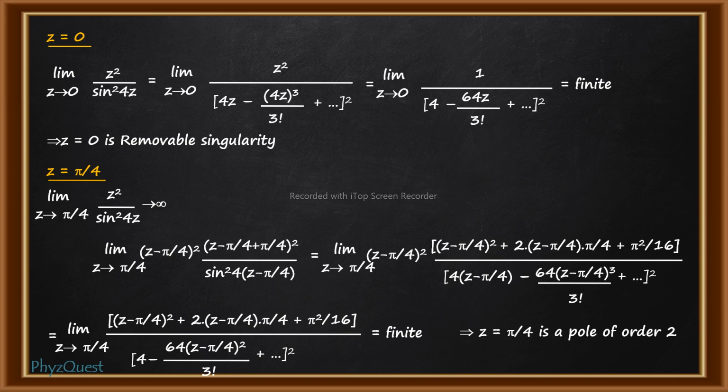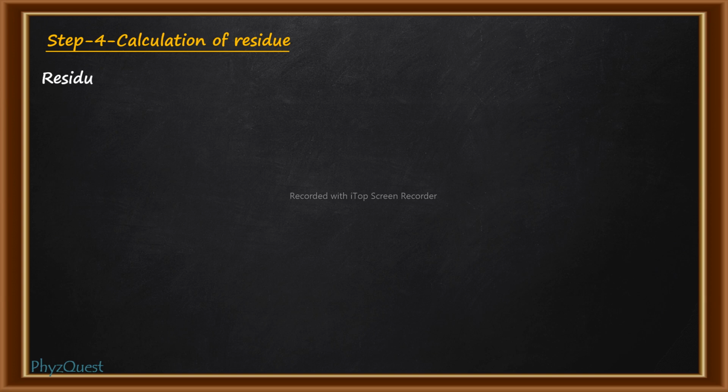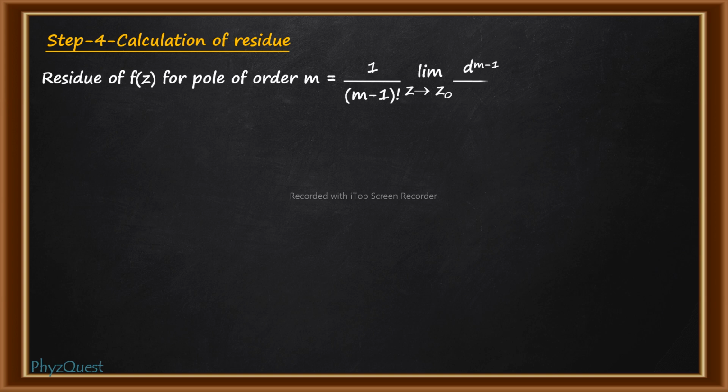Now comes the final stage, that is calculation of the residue of the function. Now when we talk about the residue of a function for a pole of order m, the formula is 1 by (m minus 1) factorial, limit z tends to z0, d to the m minus 1 by dz to the m minus 1 of (z minus z0) to the power m f of z.